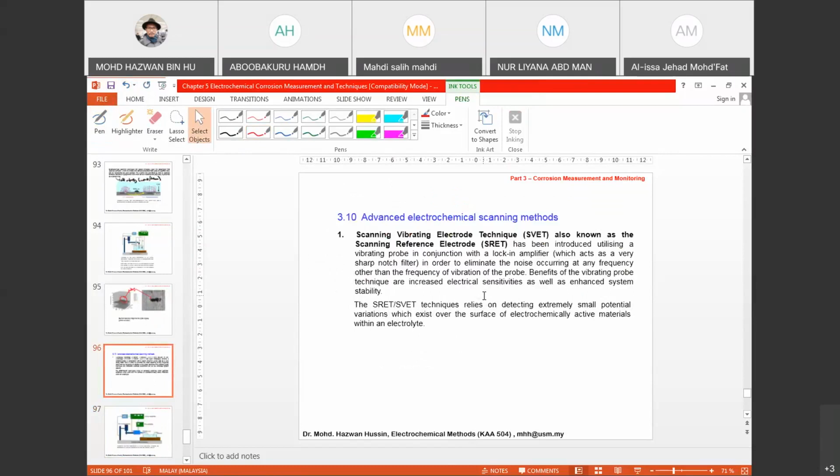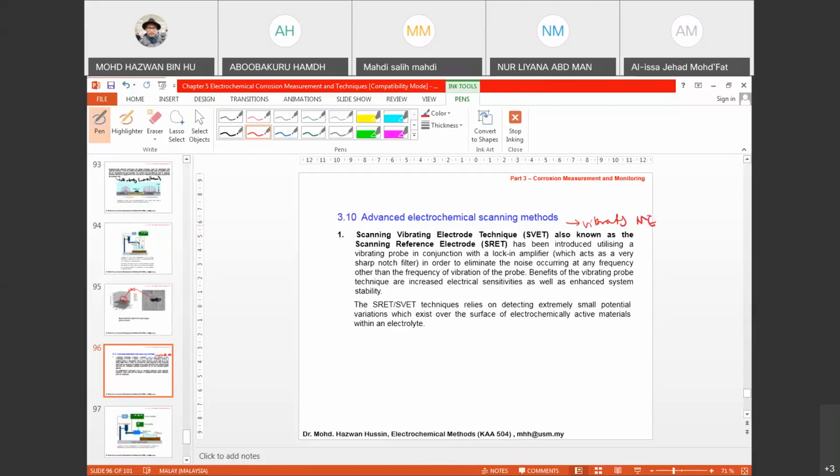Right. So for SECM, it has different methods or models. You can have the scanning vibrating electrode technique, SVET, or as known, the scanning reference electrode technique, SRET. So SVET and SRET are actually the same thing. It's just that over here, vibrating microelectrodes will be used.